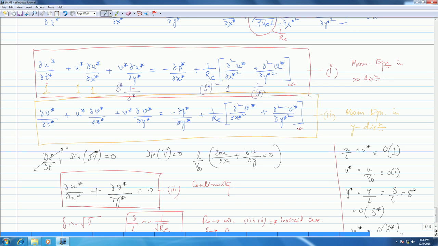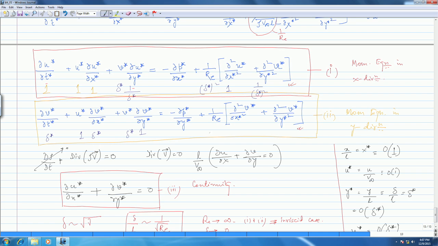Now let us go to the second equation and see what we get. Here v star is of the order delta star, t star is 1, u star is 1, and del v star by del x star is of order delta star, because x star is 1. Del v star, well, v star is of order delta star and y is also of order delta star, so this is 1.